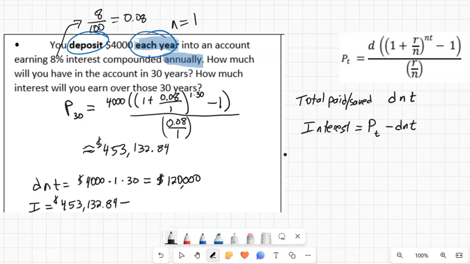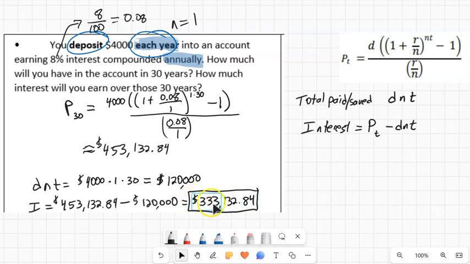So you put a dollar sign, keep our units. So if we subtract 120,000 from 453,000, we get $333,132.84. That is the interest that we have earned on the savings account. That's nice when the bank pays us a bunch of money.